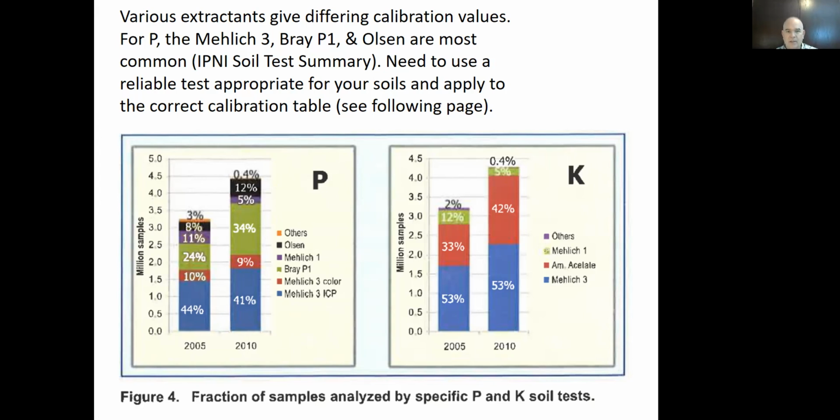The Mehlich 3, the Bray P1, and the Olsen bicarbonate test are the most common three done in the United States, and you can see the distribution here in terms of which are the most popular. Those three make up most of what we're dealing with. Therefore, those are the three that I've provided information for you in the ABCs of how to interpret a soil test document on Learning Suite. So we do look at those three, but I just want to show you this, and similar for potassium.